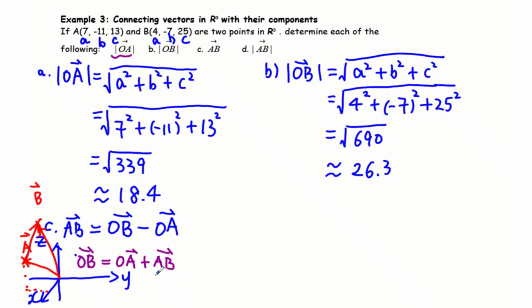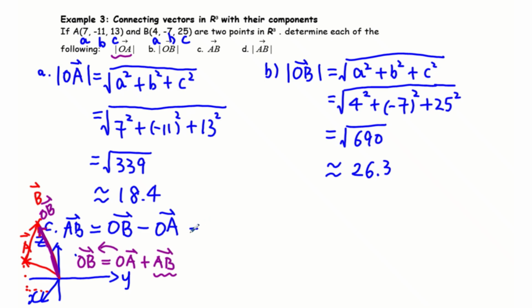Then we isolate AB. It means we move the OA to the other side. So hope you can see it. This is a sum. This is OB, a sum of OA plus AB. So AB equals OB minus OA.